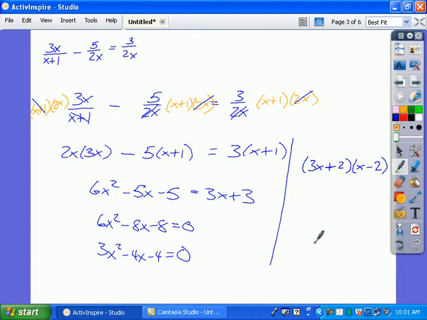So 3x plus 2 and x minus 2, so x equals 2, and x equals negative 2 over 3. Neither one of those makes 0 in the bottom, so both of these should work. Okay?